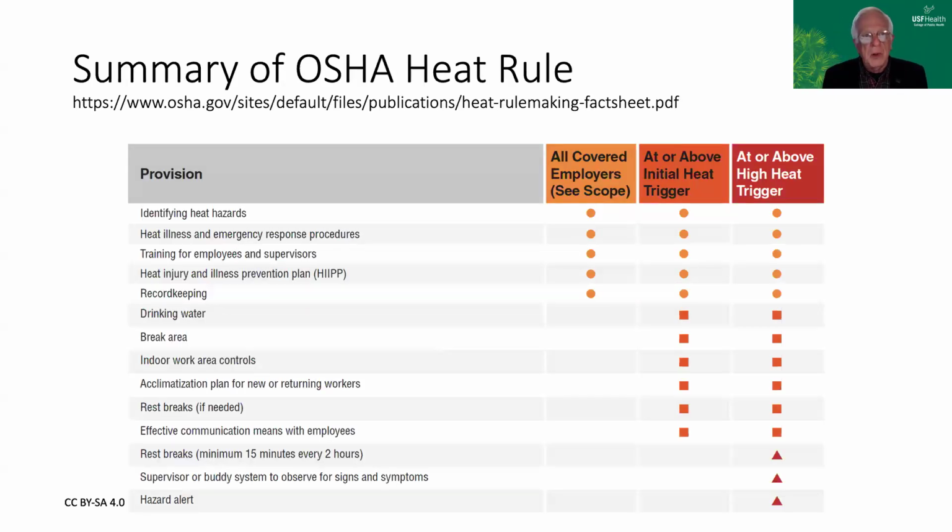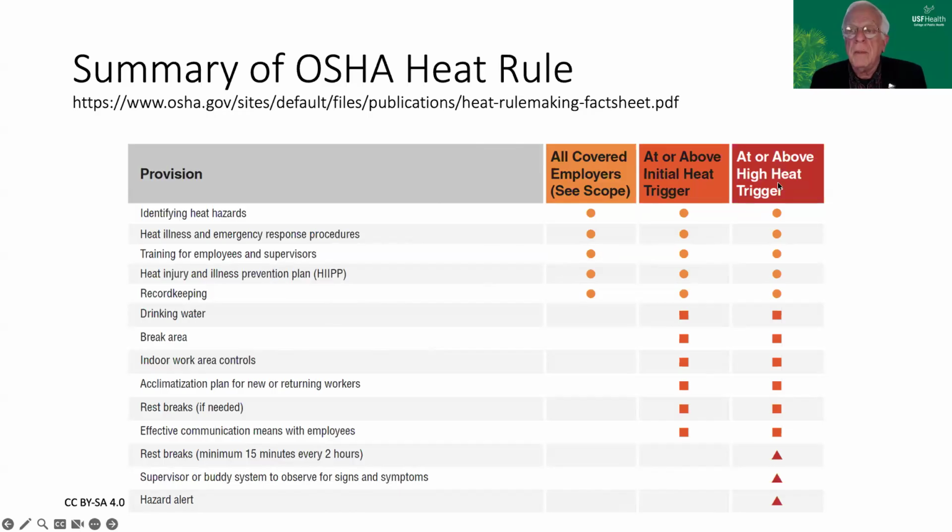Some of you may be familiar, in fact, I'm going to presume most of you are familiar with this table from the OSHA rulemaking process. And here's what I want to call your attention to: first of all, there's just 2 levels of heat stress. So when you're above the occupational alert limit, these are coming into play, and they're what you would guess: identifying hazards, having an emergency response plan, training, a written program, drinking water, having a break area.